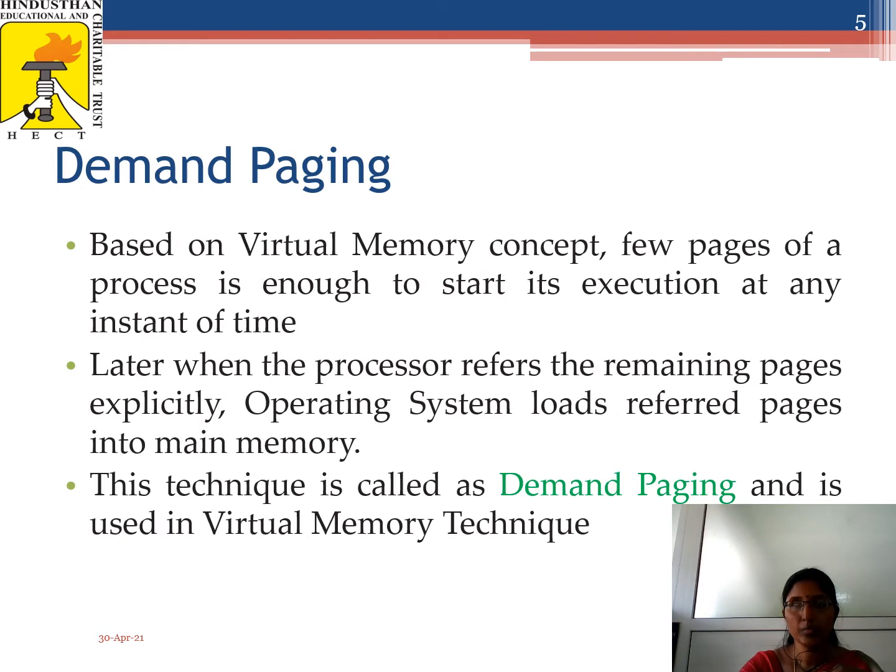Based on the virtual memory concept, a few pages of a process are enough to start its execution at any instant of time. Later, when the processor refers to the remaining pages explicitly, the operating system loads the referred pages into main memory. This technique is called demand paging. The demand paging is utilized under the virtual memory technique.